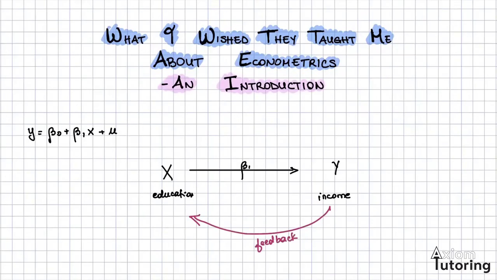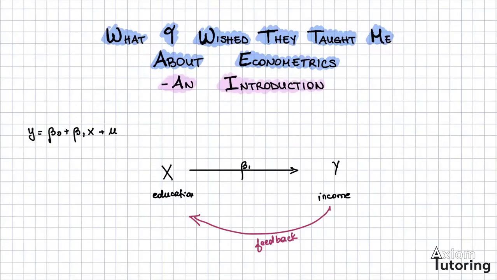Okay, so examples, we've said expected future earnings affect how long people stay in education. Or if we want to take the other examples we mentioned in the previous video, healthier people are more able to exercise, or high crime areas attract more police deployment. So in each case, what we thought was the outcome is also shaping the input.